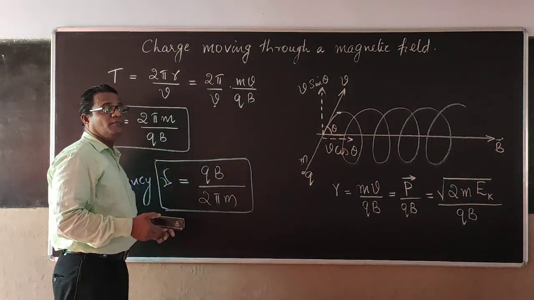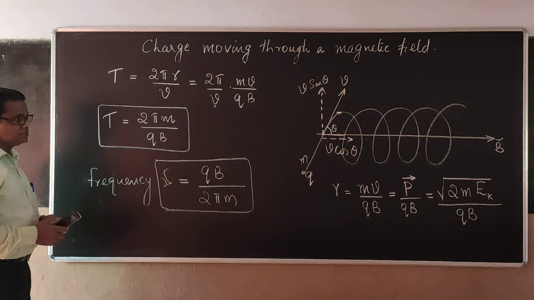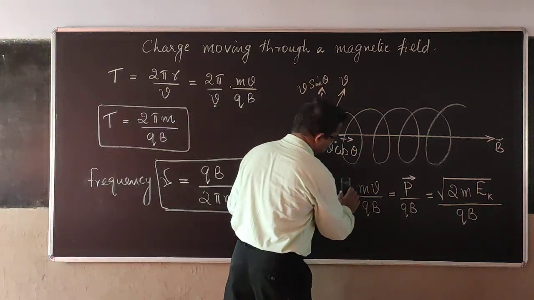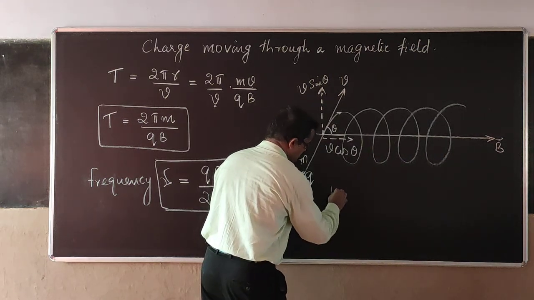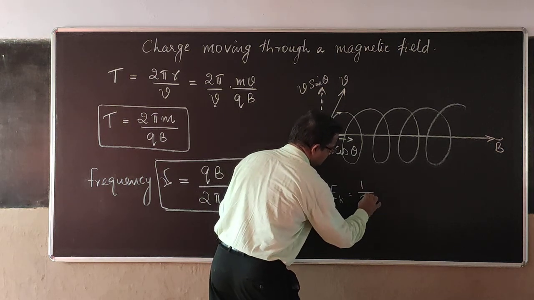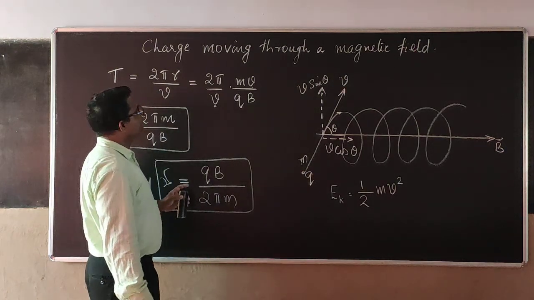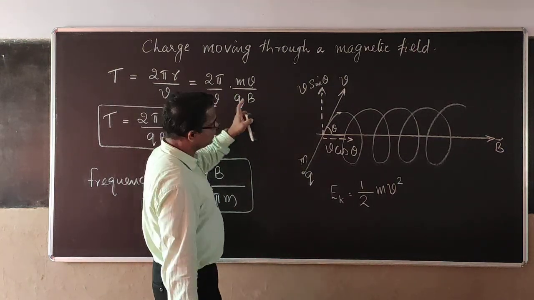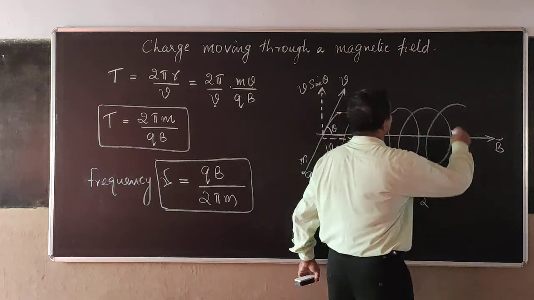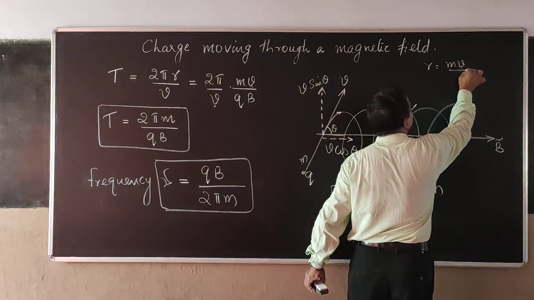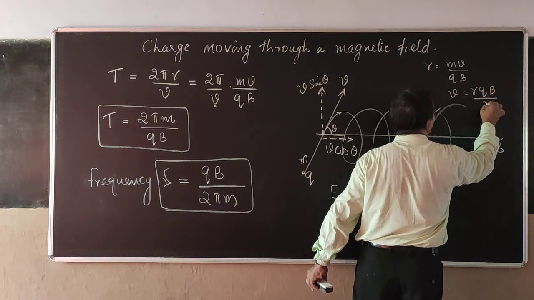And one more equation you are supposed to remember from this part is the kinetic energy of the particle as it is moving in the magnetic field. So kinetic energy Ek can be taken as half mv square, and we substitute for v from this equation. How much is r? r equals m into v by q into B, and therefore v equals r q B by m.